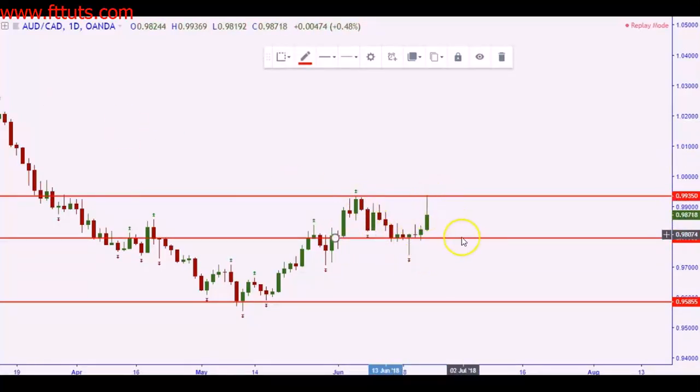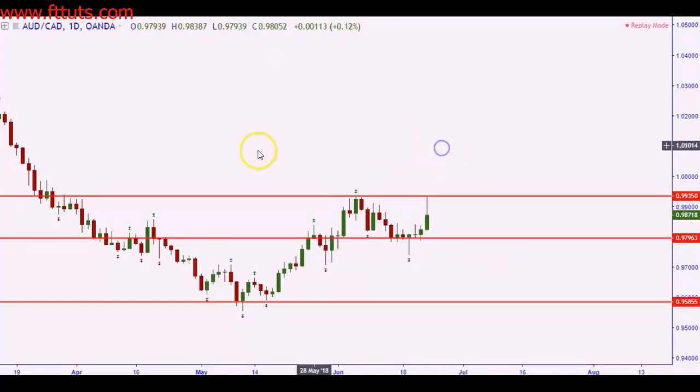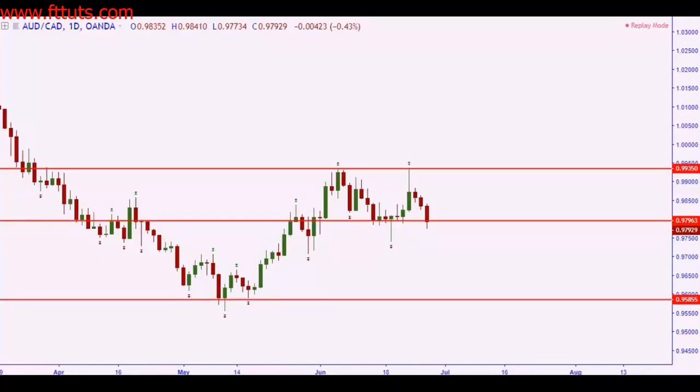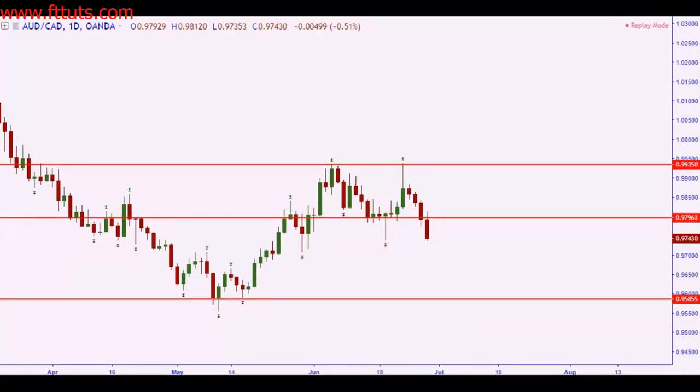You could range in this area and then break, or break the other way. So we would probably start to look at the market possibly ranging. Now, when it came to this level, it looked like it was going to hold here, but then it broke again.